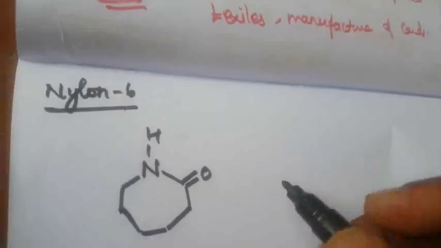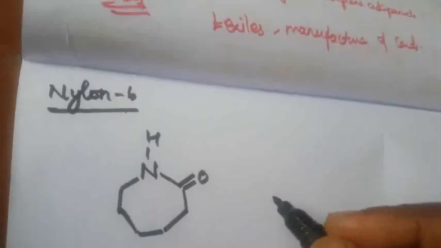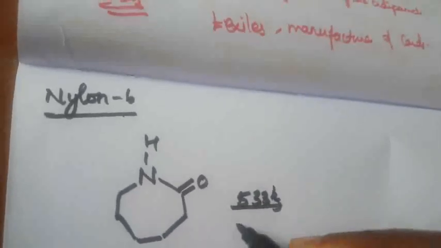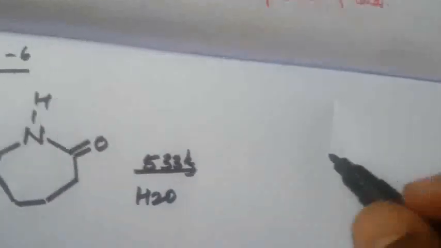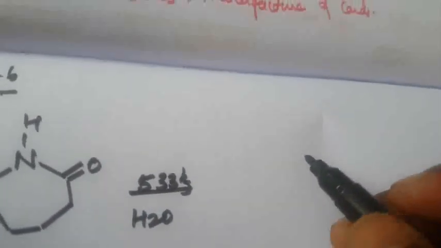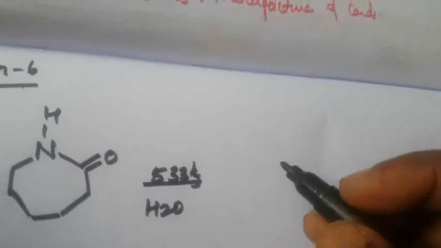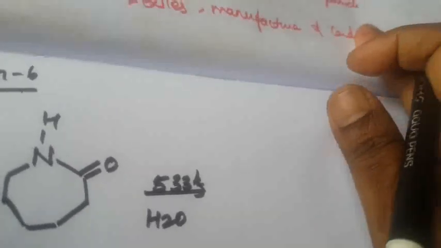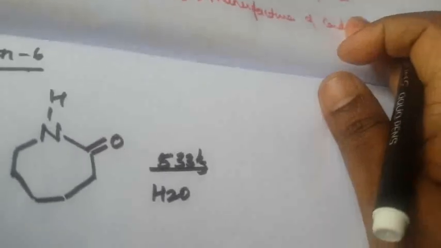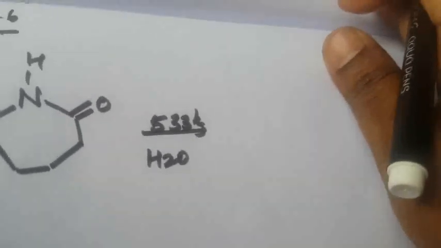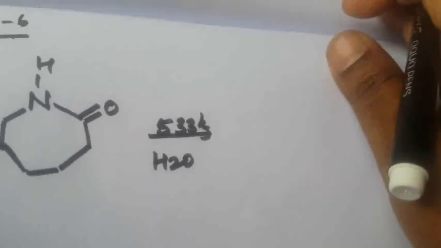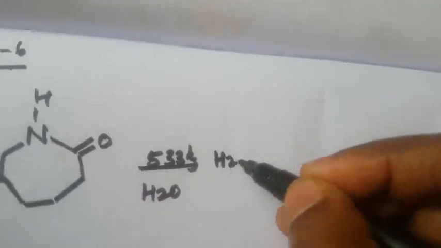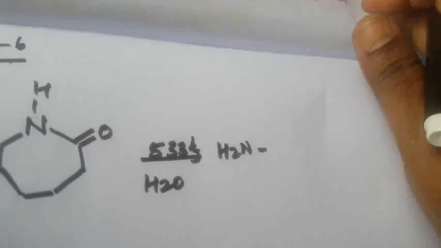It is heated in an inert atmosphere with traces of water at 533 Kelvin to form aminocaproic acid, which polymerizes to give nylon 6. So it will be aminocaproic acid. How to form this compound? What is caproic acid?